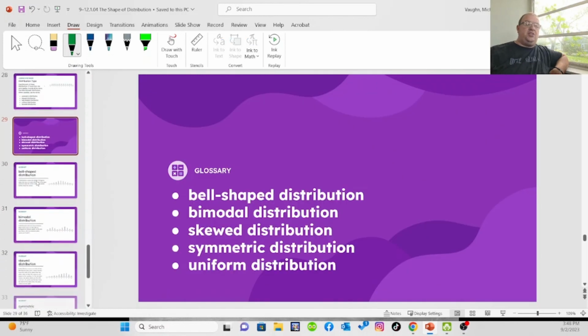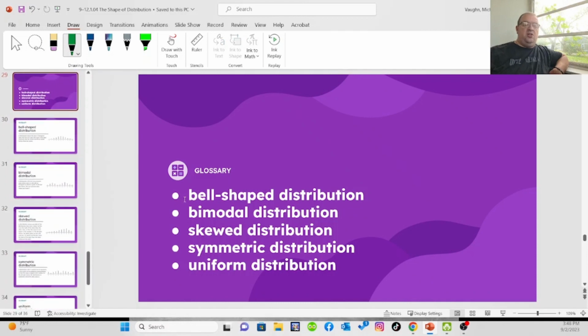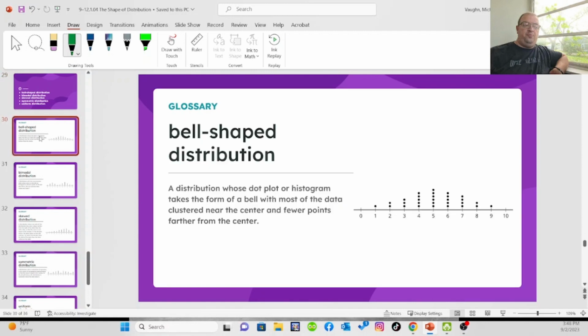Again, the terms that we are looking at in this lesson are on the back wall. We are looking at bell-shaped distribution, bimodal distribution, skewed distribution, symmetric distribution, and uniform distribution. This is an example of bell-shaped distribution.